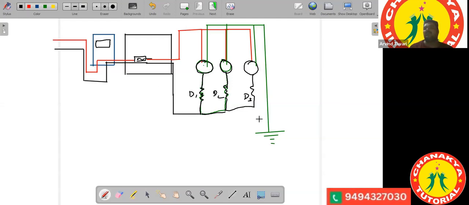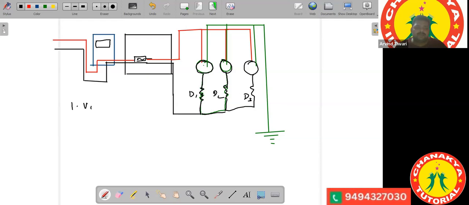Now see, mainly what we are looking for. First of all, the connections are made in parallel, and it is easy to control them. We need not run all the devices at the same time. However, if they are connected in series, all the devices would need to be on at the same time. In the parallel combination, it's easy to operate.